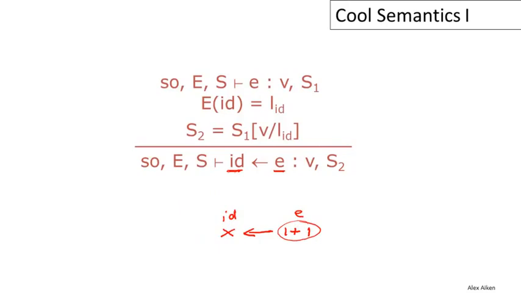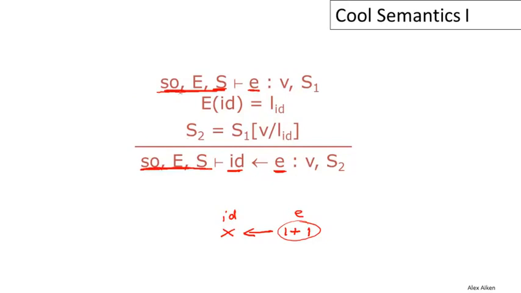All right? And so in order to evaluate the assignment, the first thing we have to do is to know what value we're going to be writing into the identifier. So what is the update we're going to perform? The first thing to do is to evaluate e. And notice here that e is evaluated in the same environment, so it has the same three components here as here.